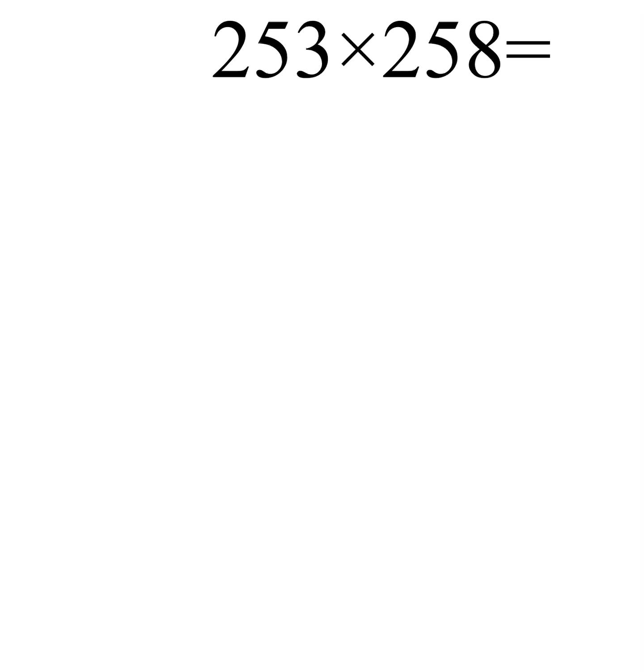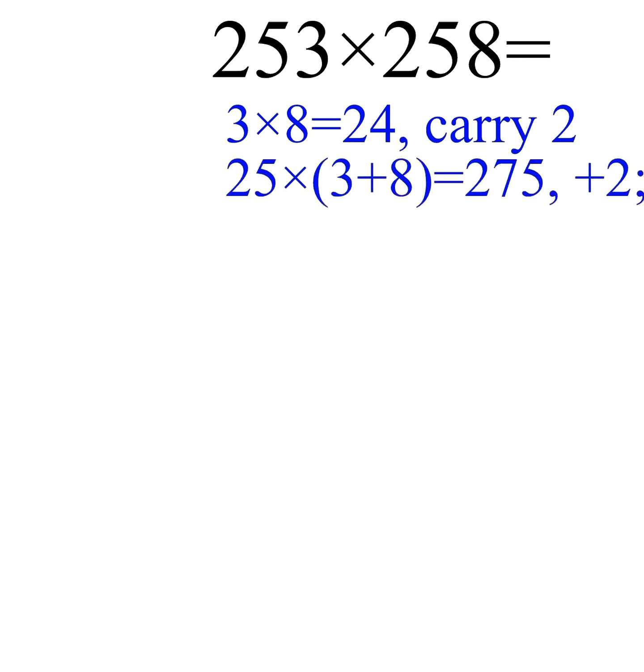Again here we multiply the ones places into each other, and we carry its tens place, which is 2. In the next step we multiply our common number into their sum, and this is easy because it is multiplying into 11.